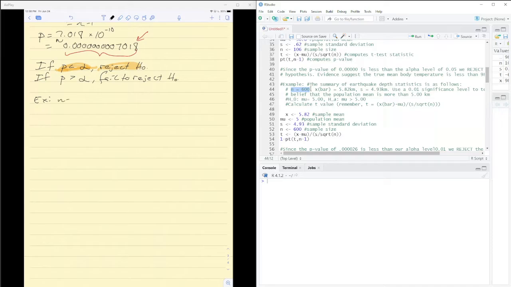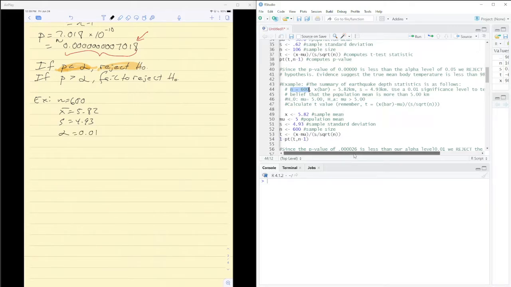The mean is 5.82 and the standard deviation is 4.93. And we want to use a 0.01 significance level to test the belief that the population mean is more than 5.00.